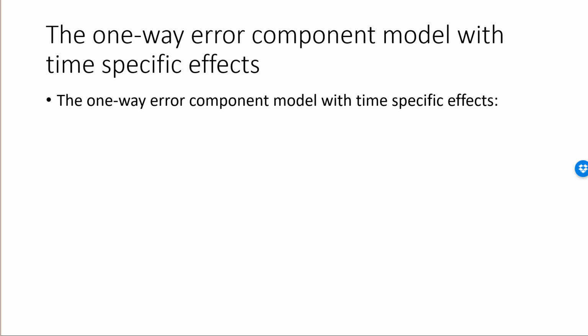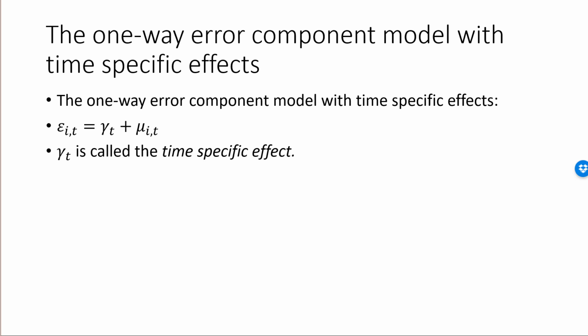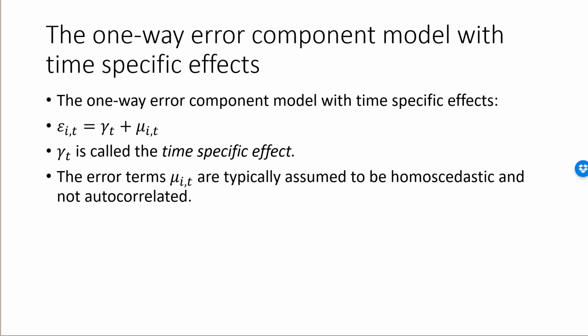So I have a one-way error component with a time specific effect. Then I simply assume that the error term affecting individual i at time t depends on this time specific effect gamma t, which is the same for all individuals, plus an error term which is individual specific and time specific. Gamma t is called the time specific effect, and we make the same assumption about the mu it's in this case. They are sort of nice error terms.